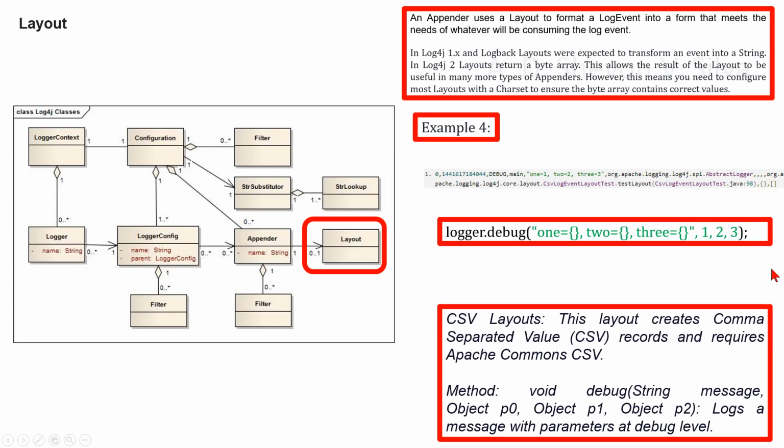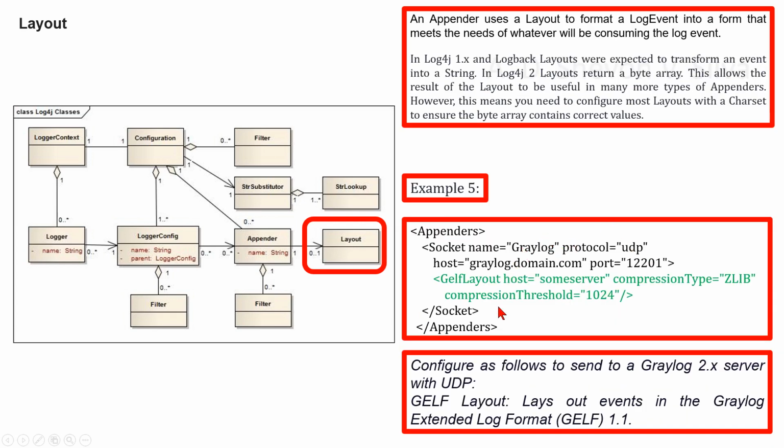Additional runtime dependencies are required for using CSV layouts. As an example, you can consider this one to send to a Graylog 2.x server with UDP.